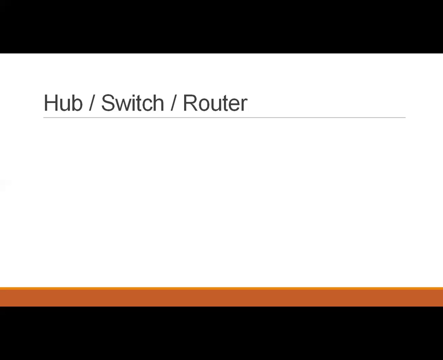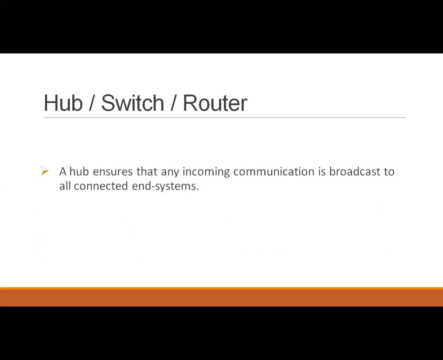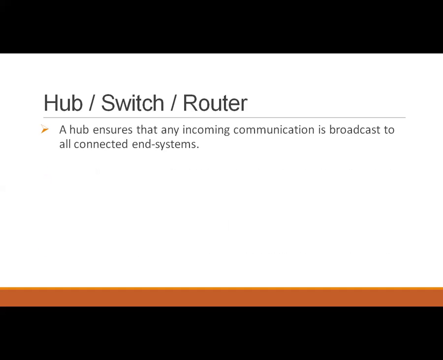The difference between the working of all three is maybe the intelligence with which these devices operate. Remember, the hub was a device that had no sense of communication, no addressing. When a hub received data from one computer, it actually broadcasts the data to all the connected end systems.